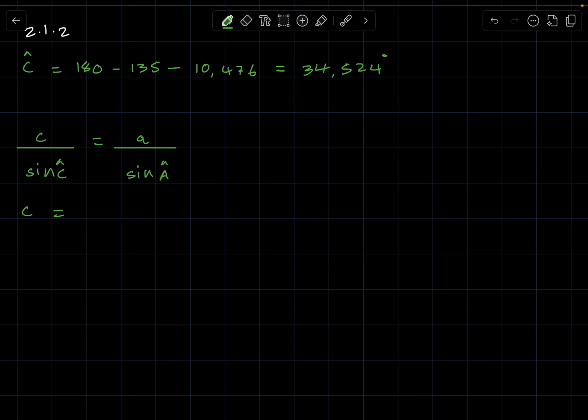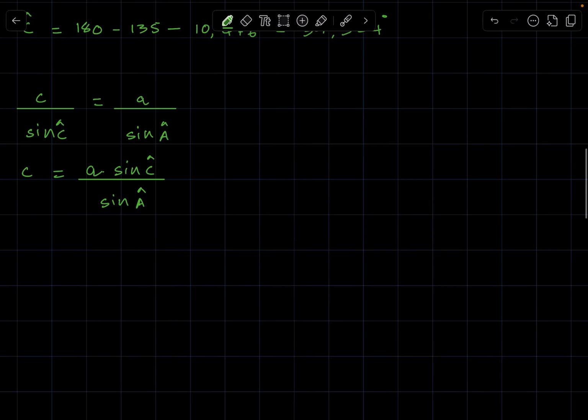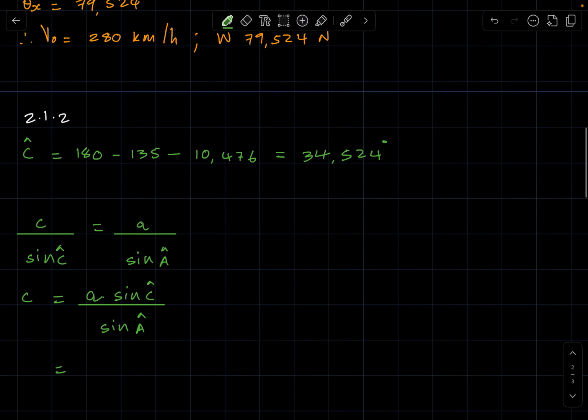Hence you end up with A times sine C divided by sine A.